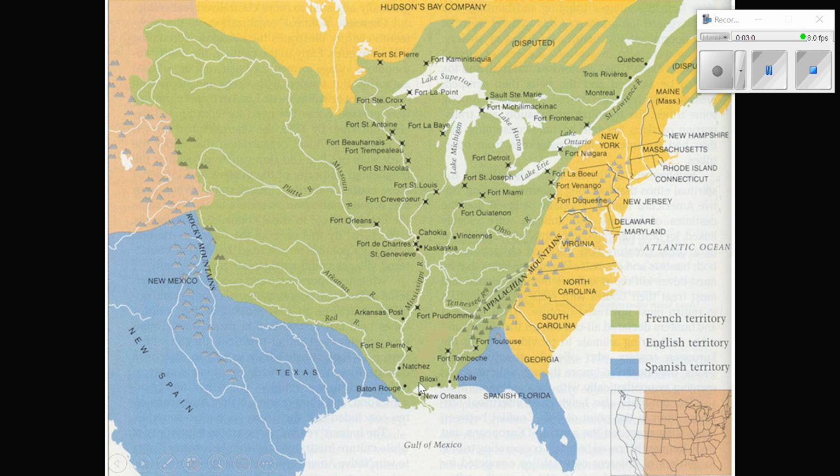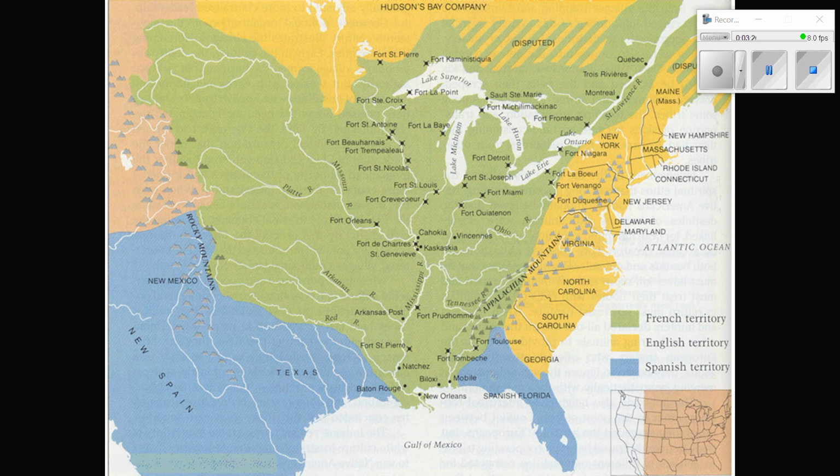Now, if you travel way down here to what has become Louisiana, this shape right here is Louisiana. There's a lot of French-speaking people and a lot of French influence in here too. That all goes back to the history of this area being owned by France. The blue area is all owned by Spain.